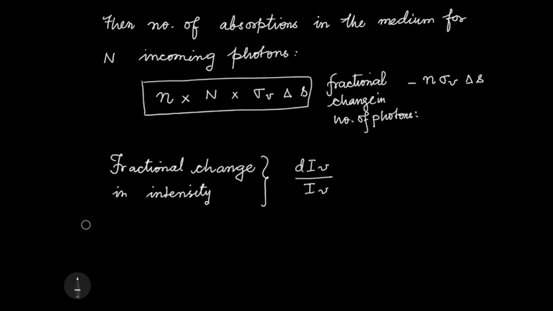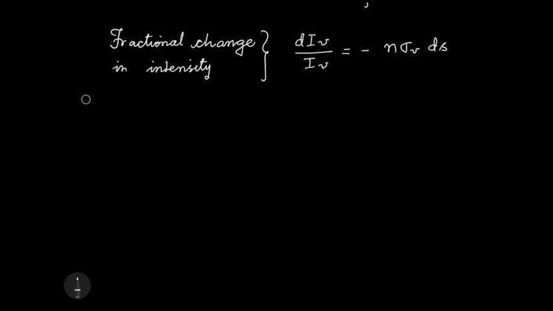So now I can write dI nu by I nu, directly writing in differential form, equals minus n sigma nu ds. And here is our definition of the absorption coefficient, and obviously specific per unit frequency range.